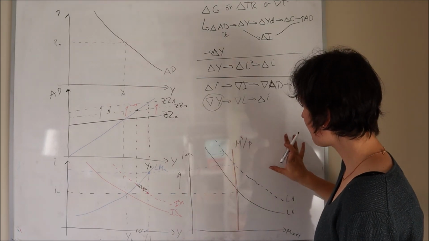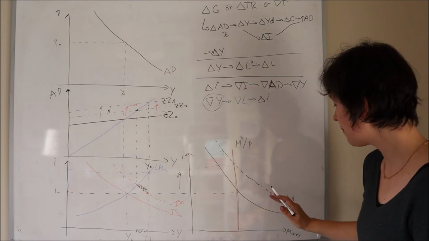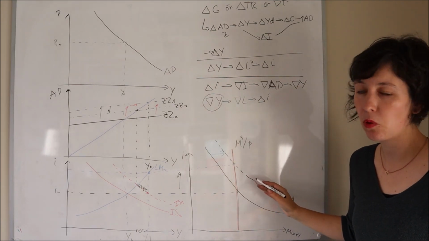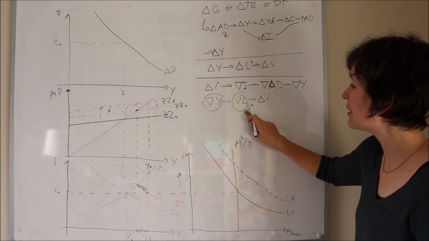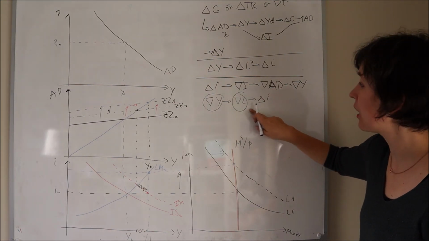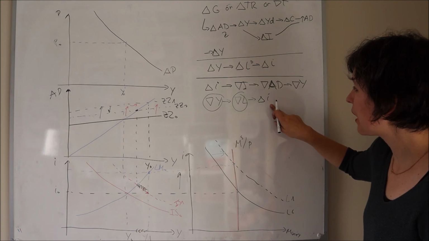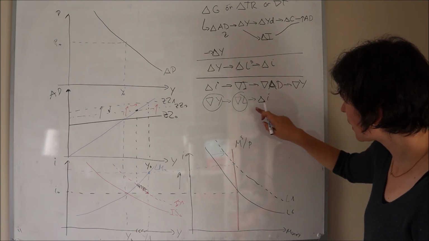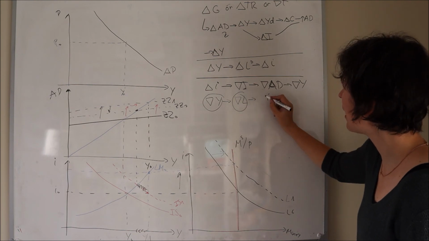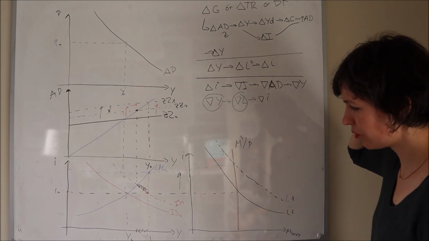That means that in the money market, the demand of money is not going to be so high anymore. Less output means less demand of liquidity. So an increase in the interest rate. Sorry, a decrease, because lower demand, lower interest rate. Sorry for that.